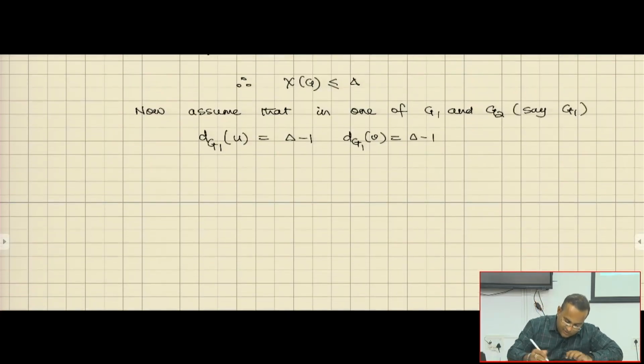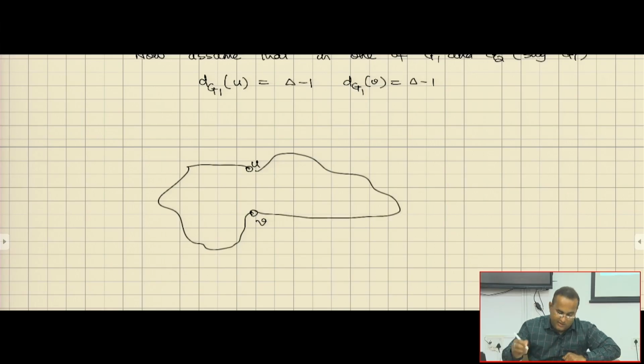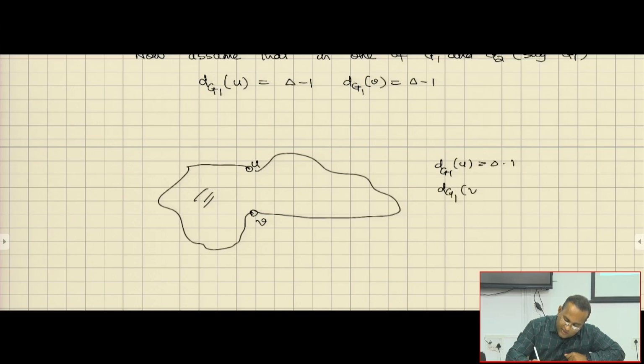Let us try to see: this is U, this is V. The degree of U in G1 is delta minus 1, the degree of V in G1 is also delta minus 1.